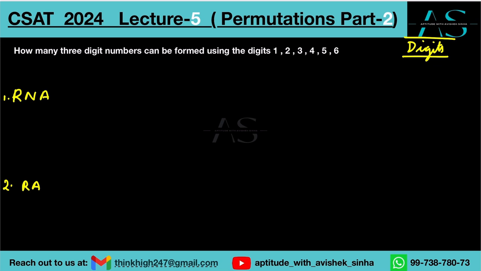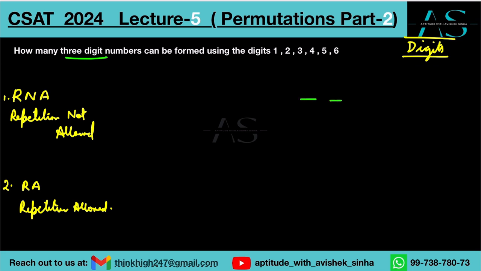So for once and all, let's understand. RNA means repetition not allowed, and RA means repetition of digit is allowed. What is repetition of digit? I'll give you an example, no worries. We are looking out for 3-digit numbers, using the digits. Repetition of digit is not allowed.